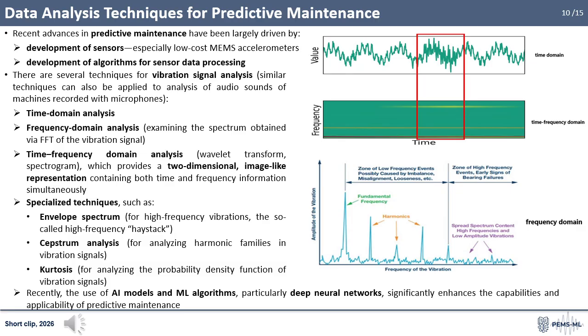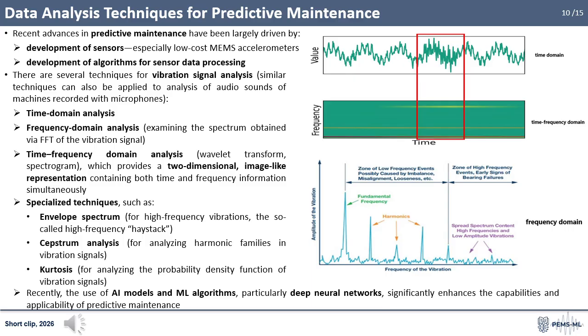Vibration signals can be analyzed using several techniques, including time domain analysis, frequency domain analysis based on fast Fourier transform, and time-frequency analysis such as wavelets and spectrograms, which provide a two-dimensional representation combining time and frequency information.